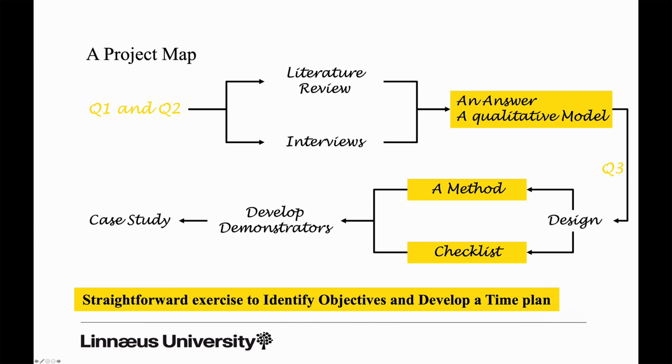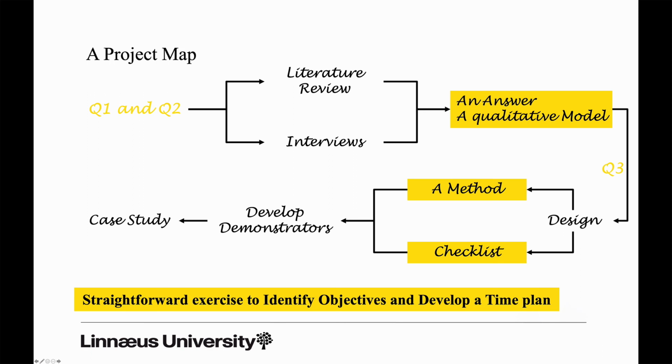The result is an answer and a qualitative model, more or less a write-up of the knowledge you find in literature and from the practitioners. You use that for Q3, and you design a method or a technique and the checklists. And then you develop demonstrators, and you can also use a case study.